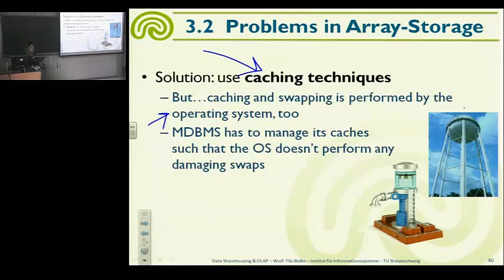So you have to pay attention that the operating system is not swapping in or swapping out stuff while you're already caching the blocks in the cache, so that nothing is damaged. If you take that into consideration and you're careful about that happening, then using some kind of caching technique can help you with that.